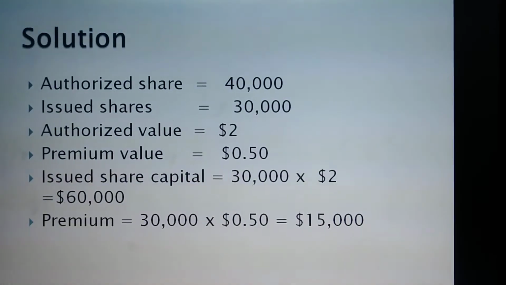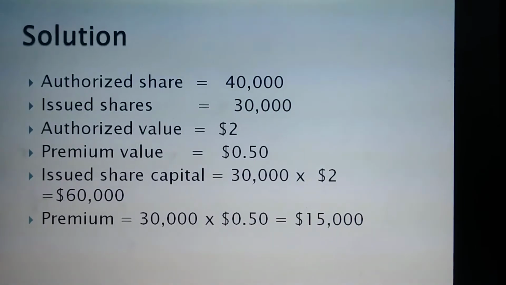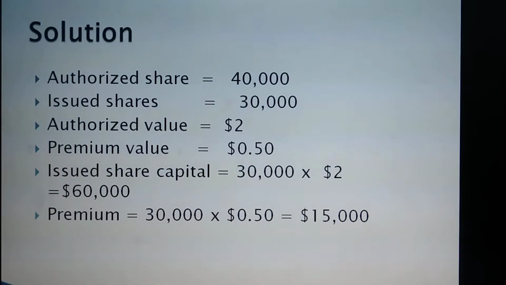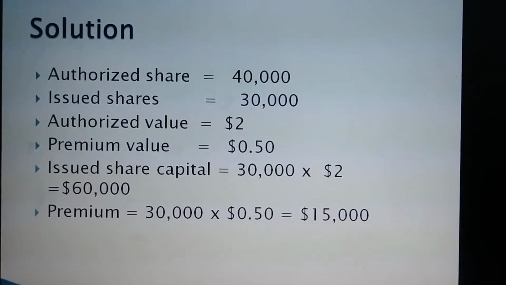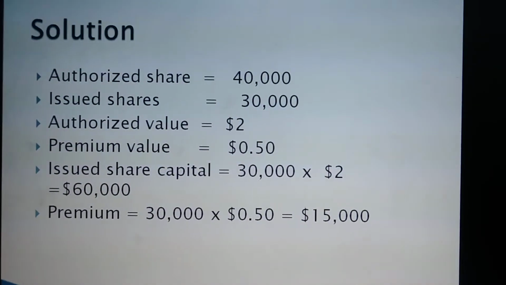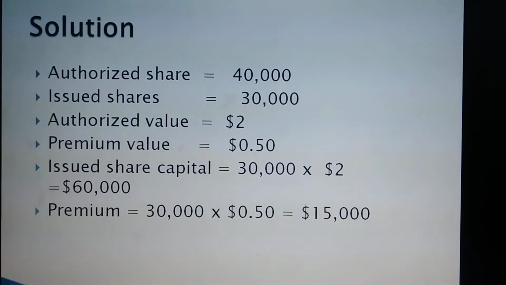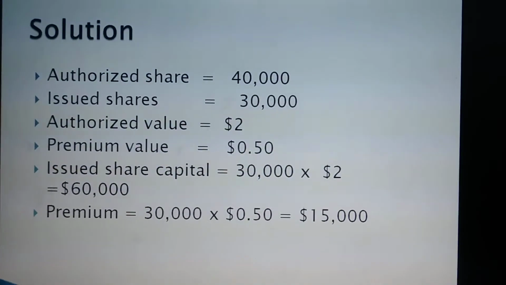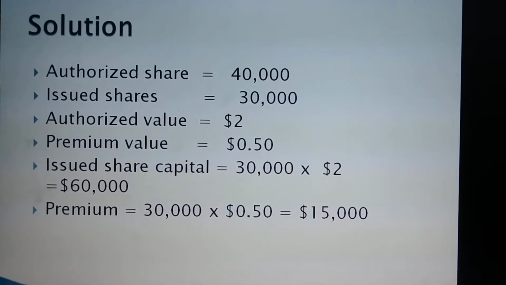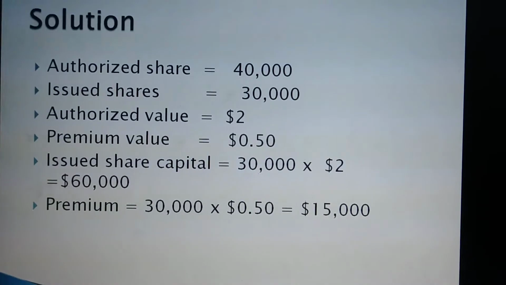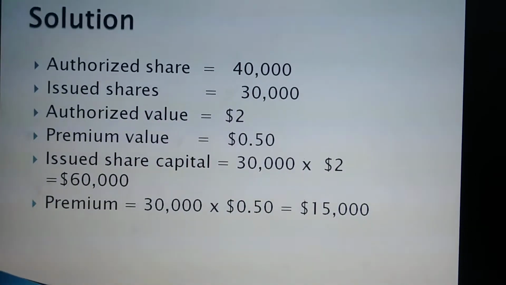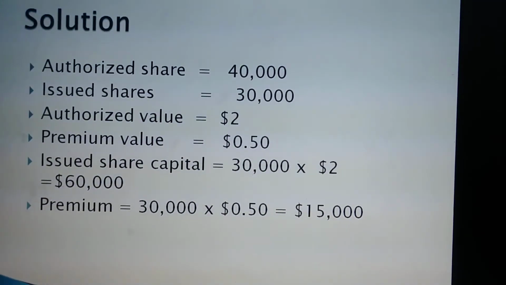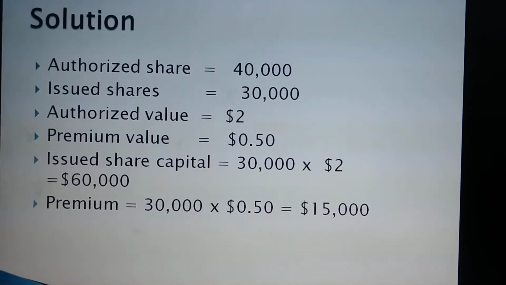Now, students, before we start our calculation, there are certain rules that must be laid down in providing the solution. First, we need to separate the authorized from the issued. So the company is allowed to issue 40,000. So the authorized share is 40,000.